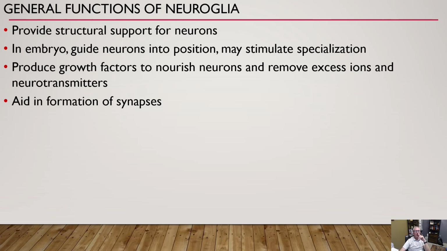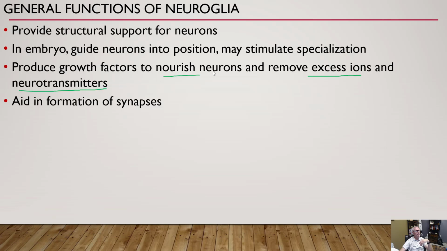All right, so neuroglia. Remember that neuroglia is that structural support for neurons. They provide that nourishment for neurons. They clean up the excess ions and the neurotransmitters.